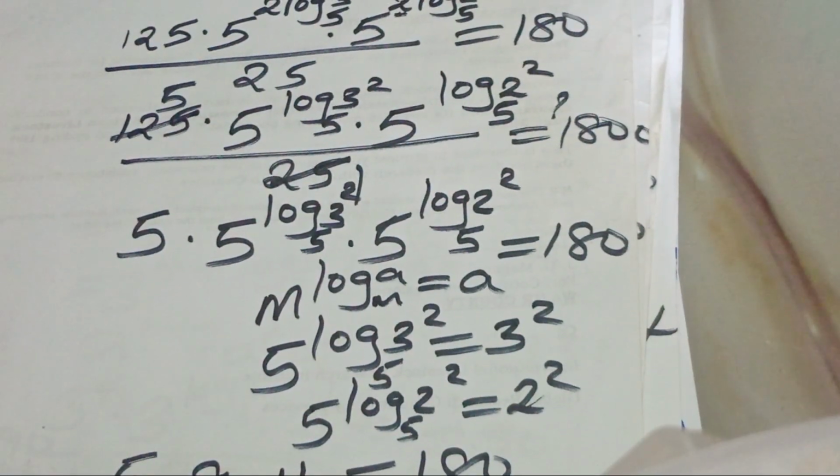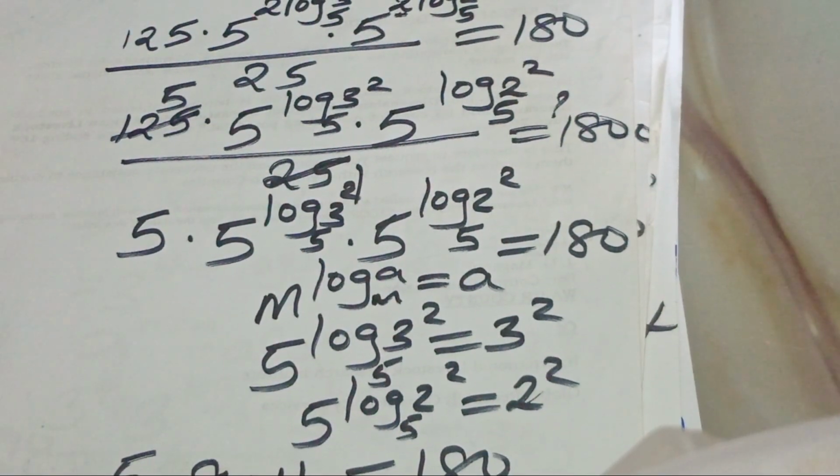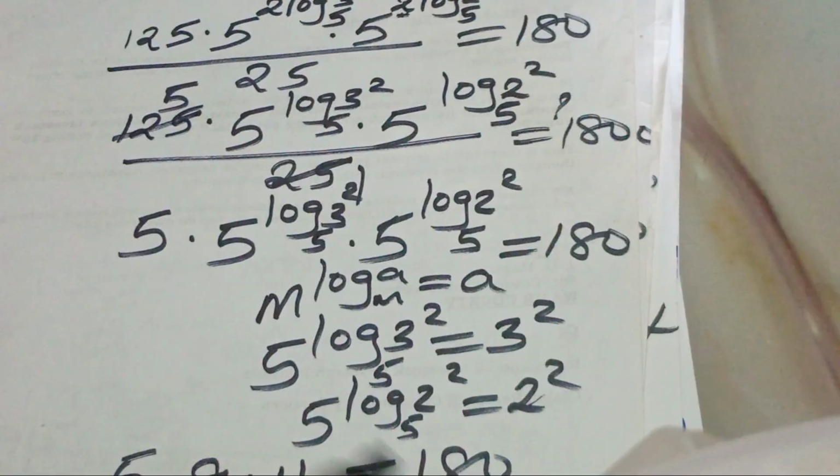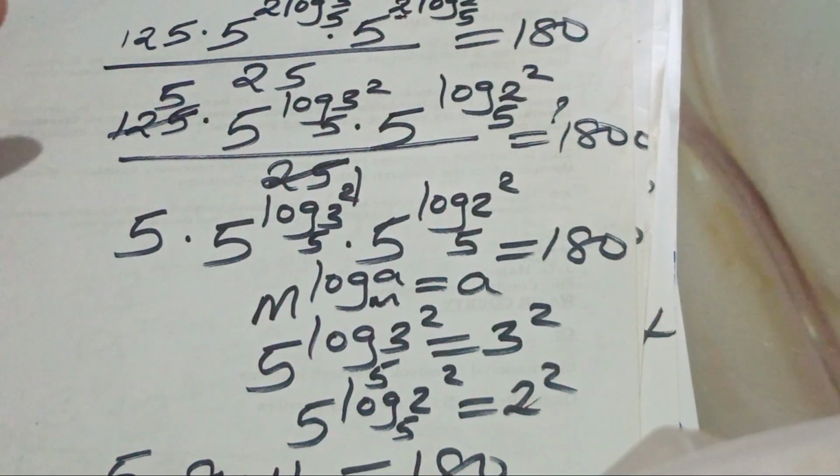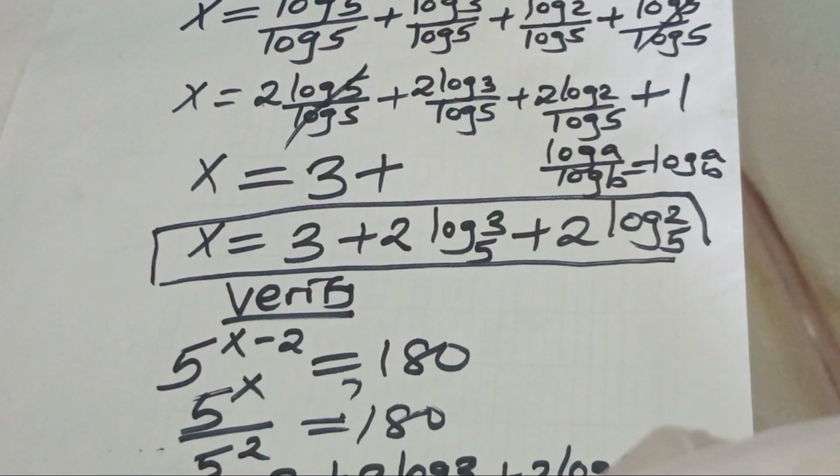And that means that the left-hand side is equal to the right-hand side, and that affirms that the value of x, which is 3 plus 2 log 3 to base 5 plus 2 log 2 to base 5, actually satisfies the equation.